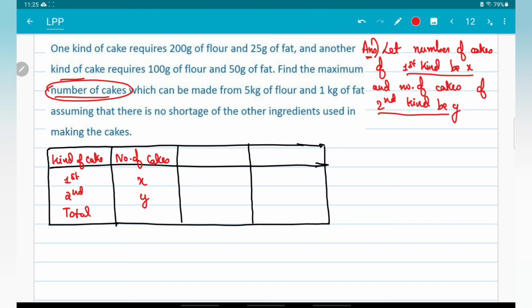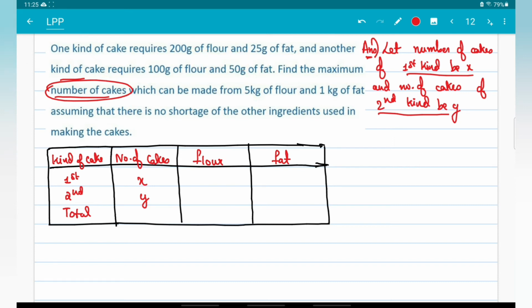The two other values we are referring to along with these cakes are flour and fat, and their values are given. So the next two columns will be flour and fat. Now we have to fill in the values according to them.